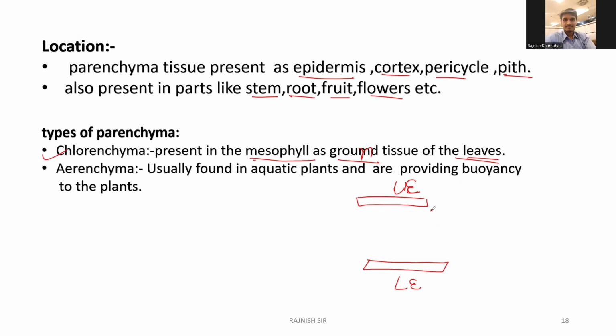Now, in between them, the whole tissue of the leaf is known as mesophyll. These mesophyll cells are all parenchyma. But in addition, this parenchyma contains chlorophyll, chloroplast.